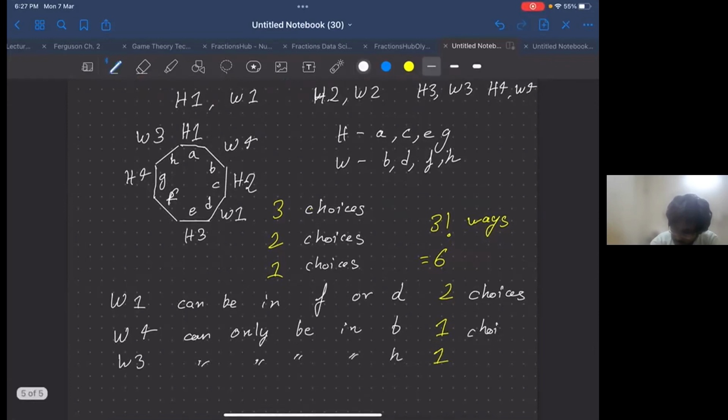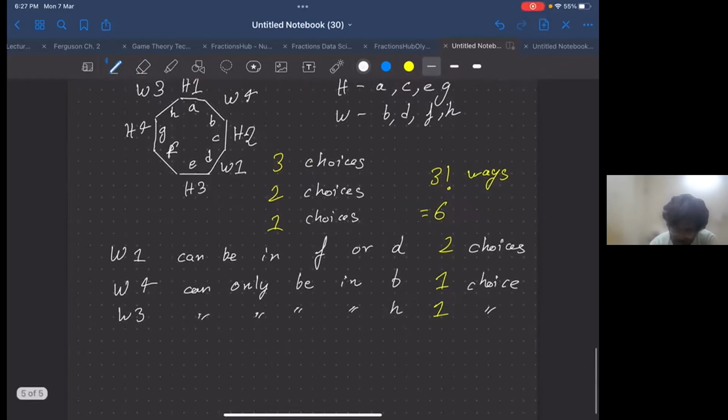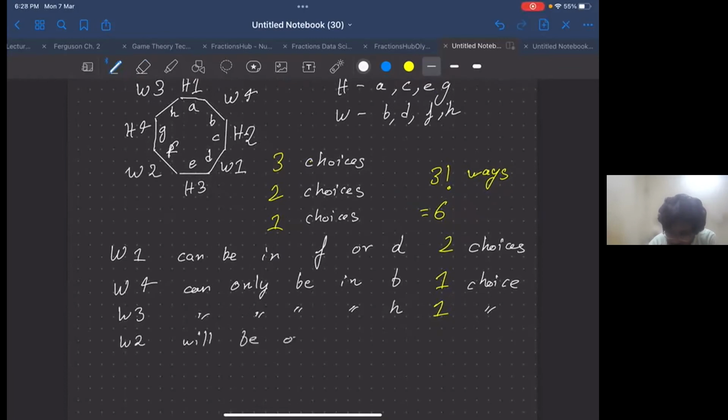And now only one place is left and only W2 is left. So let's place her there. W2 will be on F. Again, one choice.